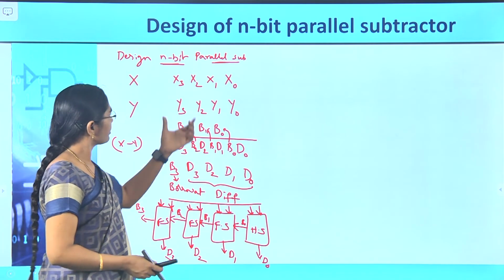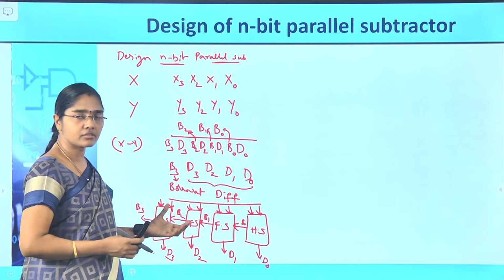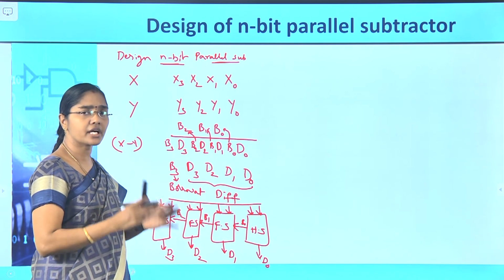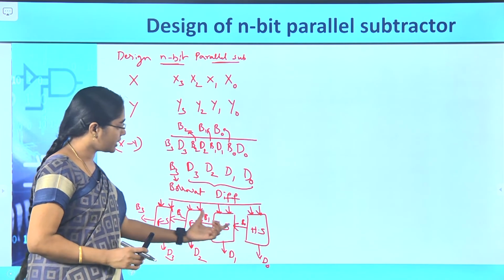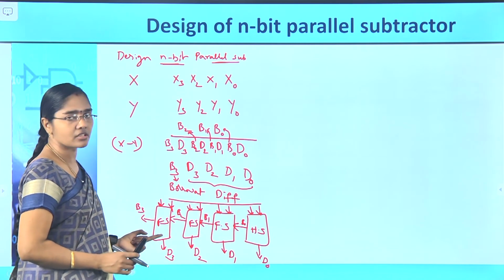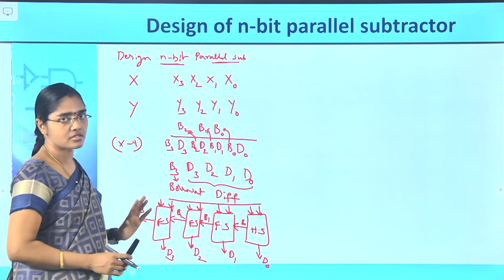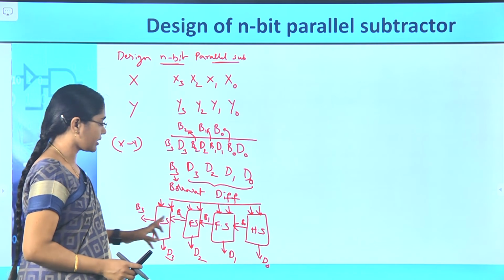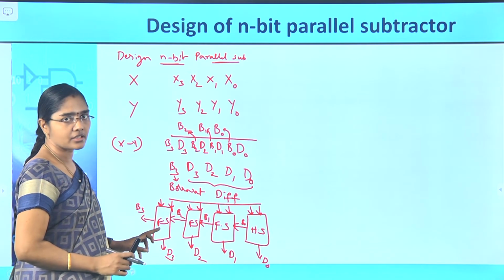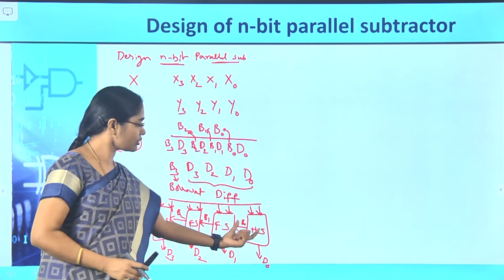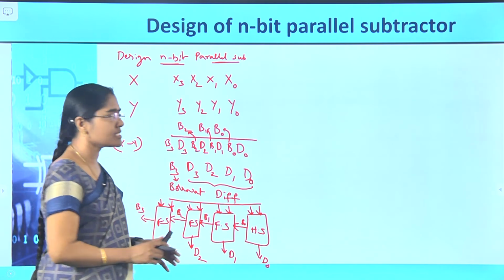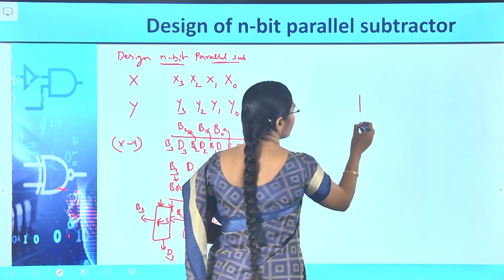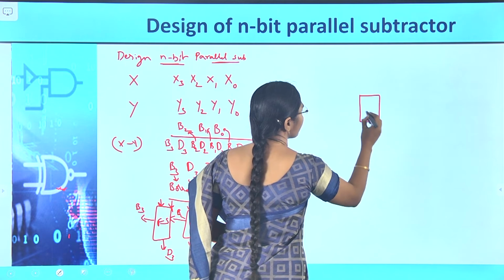So if we want to have a logic diagram of the n-bit parallel subtractor, then with half subtractor and full subtractor combinations, this will be like this. 1 half subtractor and 3 full subtractors are required. Or if you want to use this half subtractor also as a full subtractor, then the first is also a full subtractor.